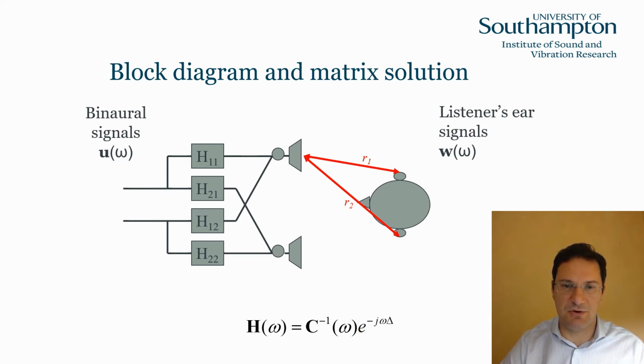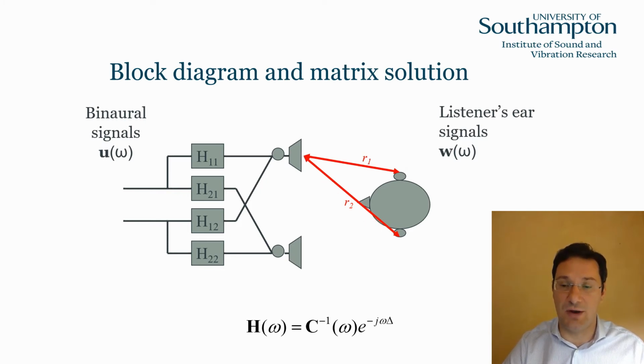What's going to be important is the so-called path difference, R1 minus R2, where R1 is the physical path between the right loudspeaker and the right ear, or equivalently between the left loudspeaker and left ear, also called the ipsilateral path, whereas R2 is the acoustic path in meters between the right loudspeaker and the left ear, or between the left loudspeaker and the right ear, the so-called contralateral path.